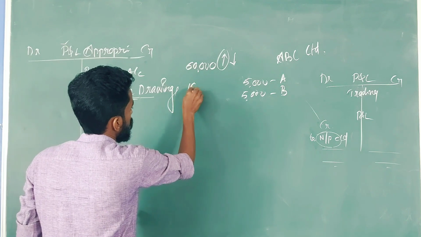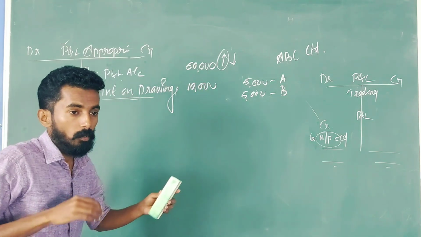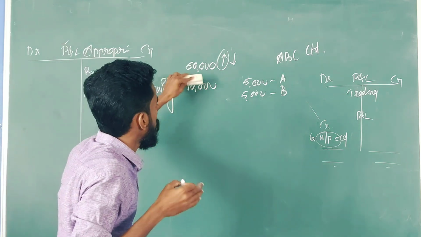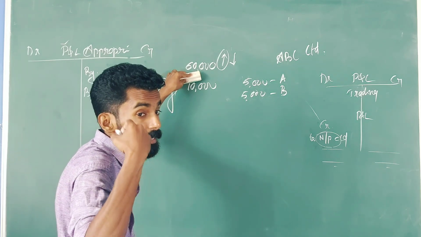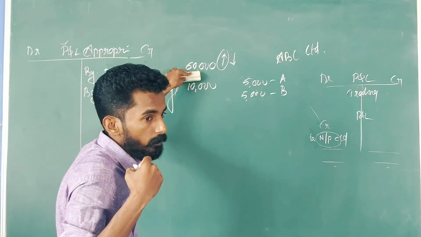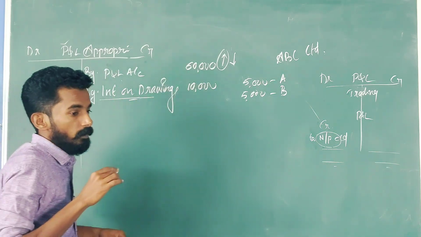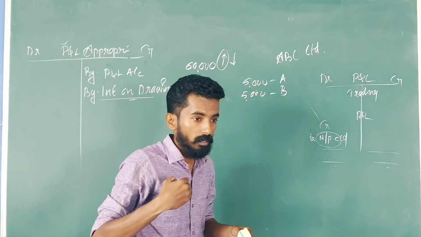So we need to add this total of A and B, 10,000. When we are going to treat interest on drawings, the profit balance of a firm is going to increase. Clear?